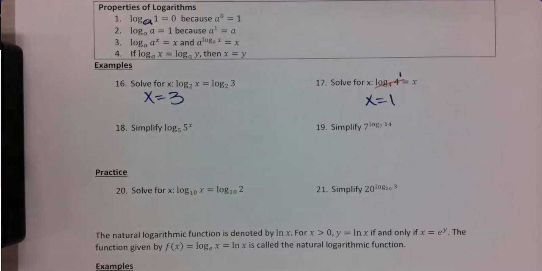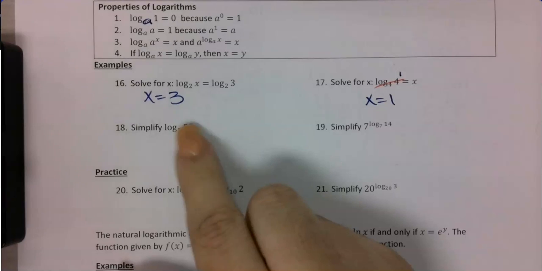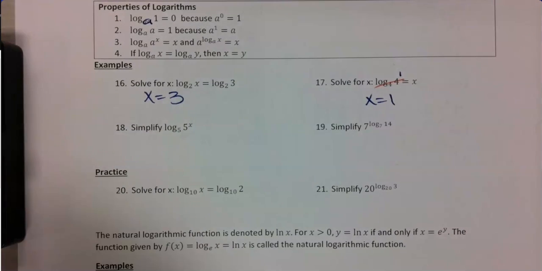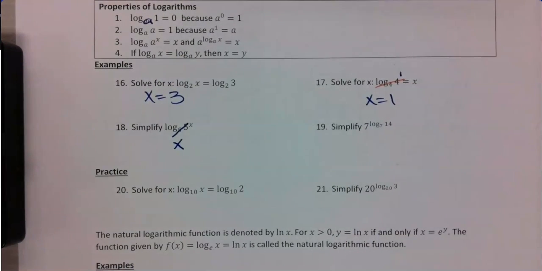Okay, number 18 wants me to simplify log base 5 of 5 to the x. Because my log base and my base for my exponent are the same, those cancel out, and this just simplifies to x, because it leaves me with my exponent. Okay.